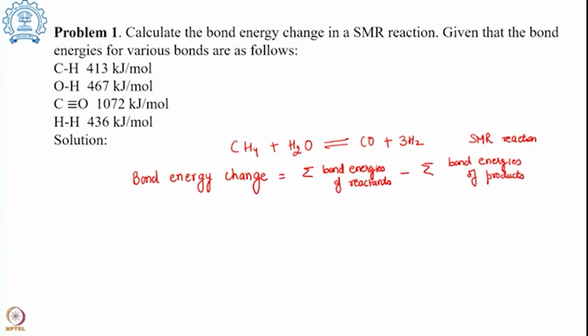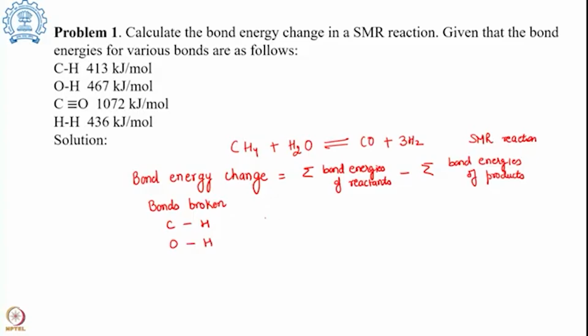If we look at the bonds on the reactant side which are broken in the process, these are CH bonds, 4 CH bonds are broken and 2 OH bonds are broken.